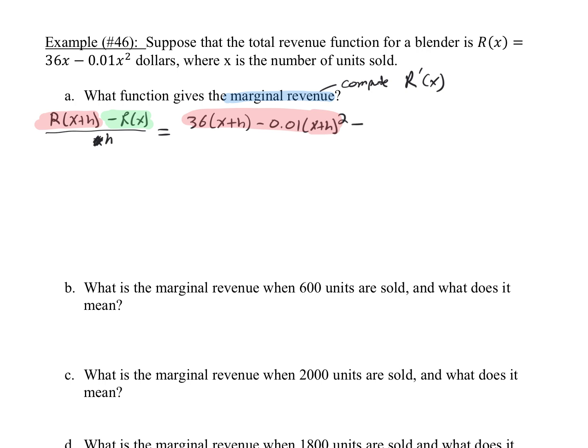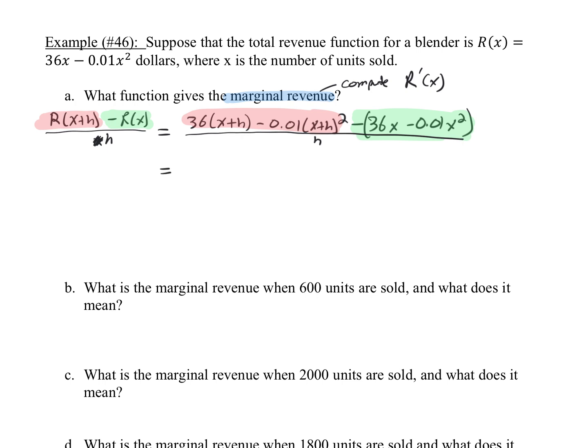This will be minus, parentheses, 36x minus 0.01x squared. And just to emphasize that, we have just subtracted r of x. All right, this still needs to be all over h. I'll try to write that really small so I have enough room.